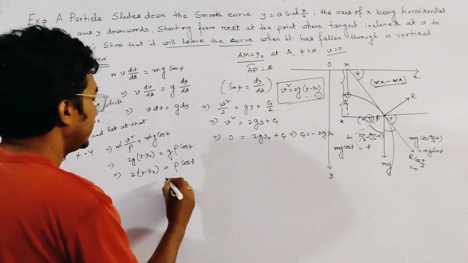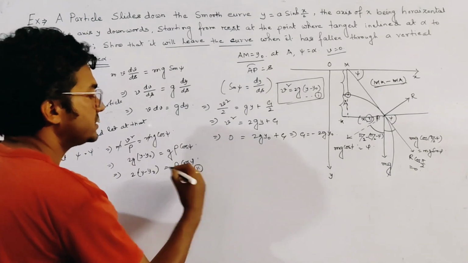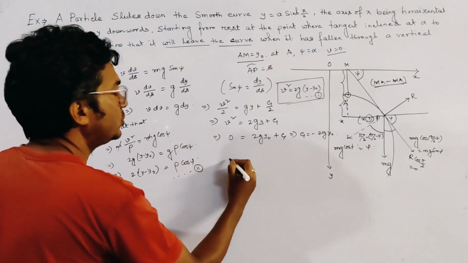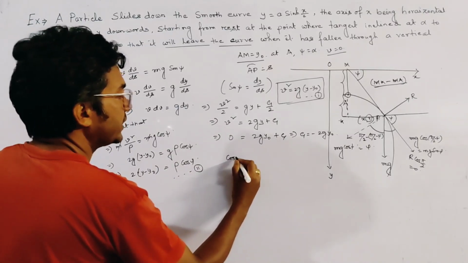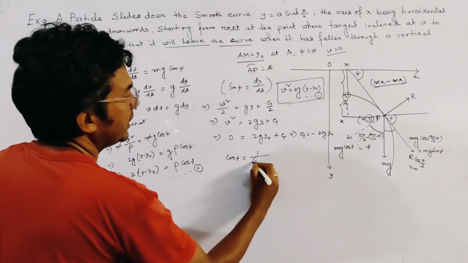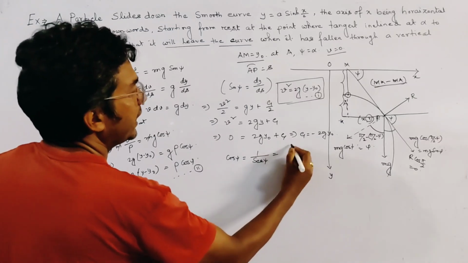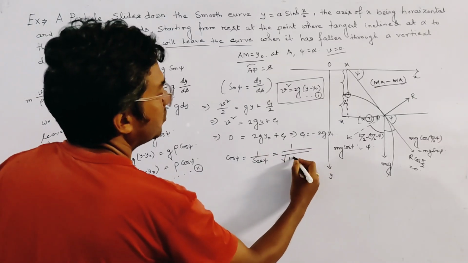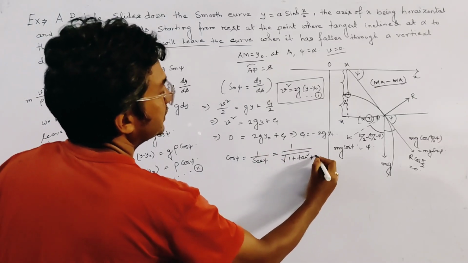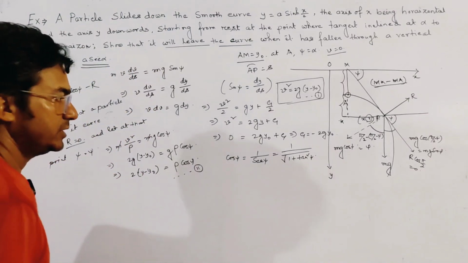Now we name this relation as relation number 2, and we know that cos psi is equal to 1 by sec psi, and this is equal to 1 by root under 1 plus tan square psi, right?